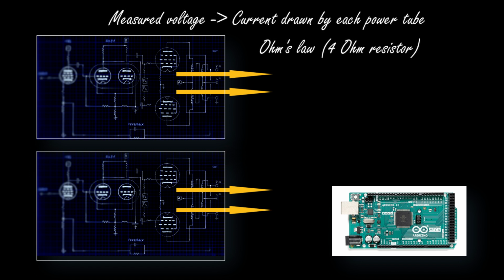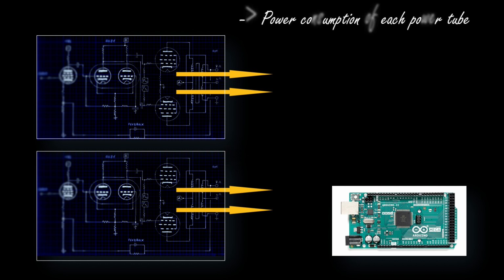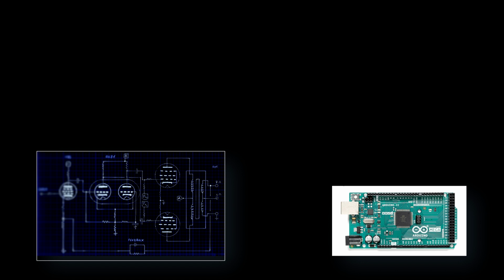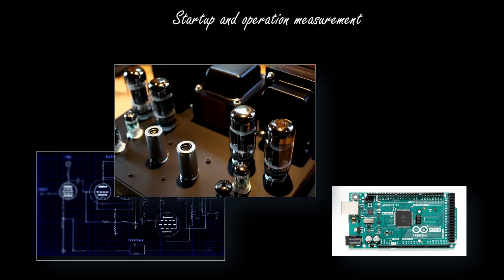In this way, Arduino can calculate the current flowing through each one of those cathode resistors. Arduino can calculate the instantaneous power in watts drawn by each one of the 4 power tubes. This is utilized at both startup and during the normal amplifier operation.